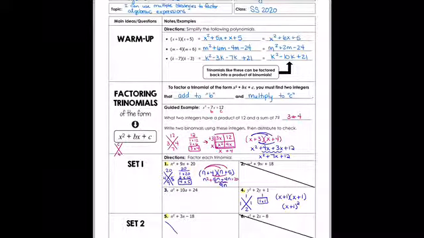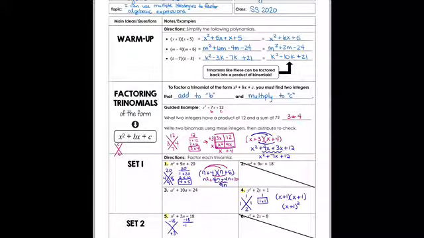So, we want to multiply to negative 18, add to positive 3. Now, when we have a negative number, that means that we're going to be looking for a difference. One of our numbers is positive and one of them is negative. Since our sum is positive, that means that our bigger number is going to be positive and our smaller number is negative.